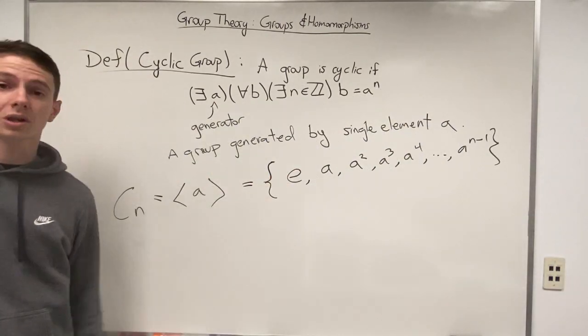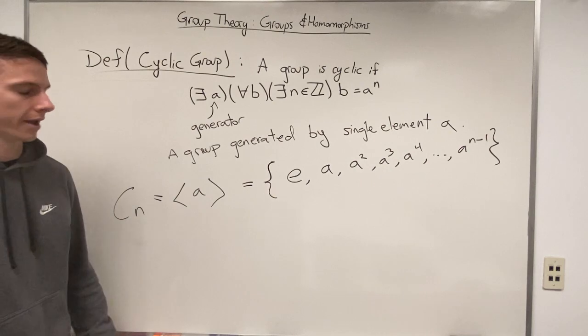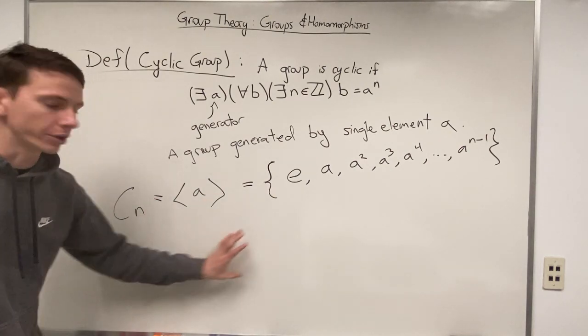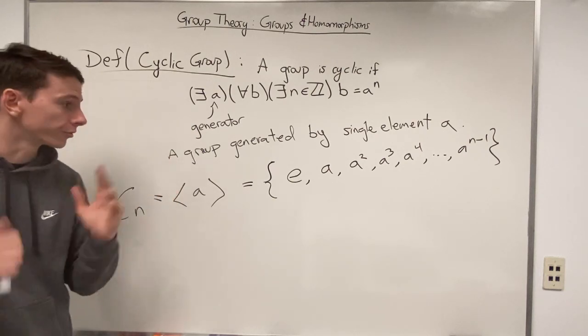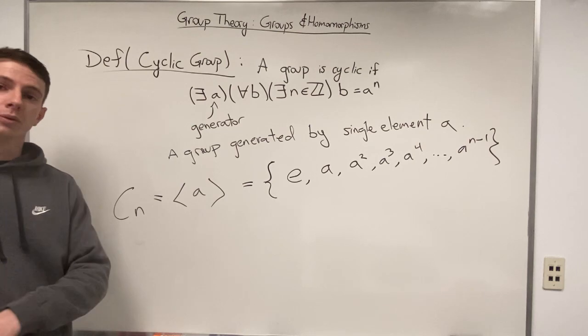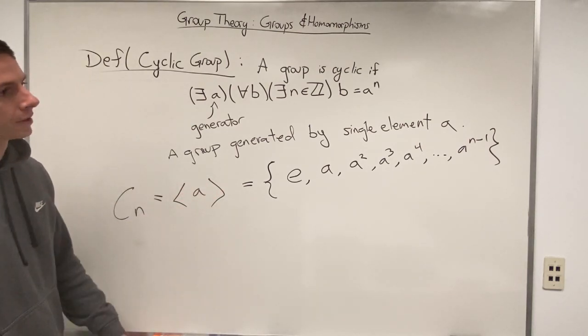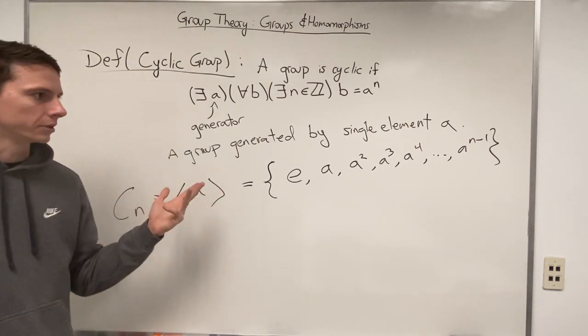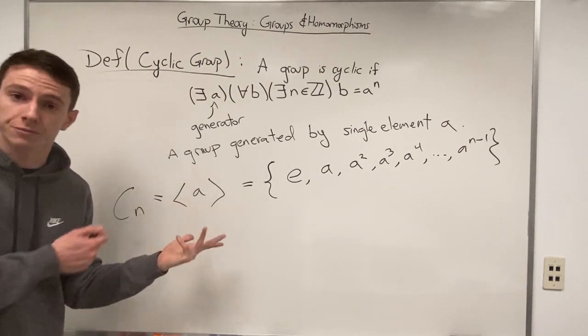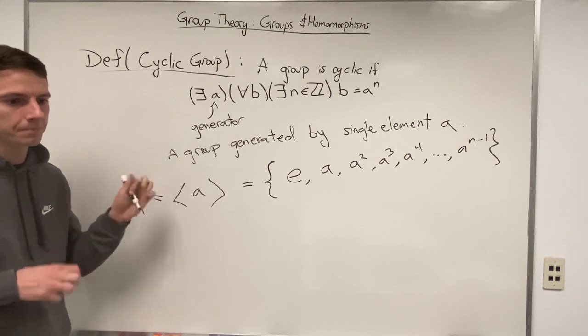This is what it's going to look like in the general case where it has n elements. But let's go through some specific examples down here to gain some further intuition for what these cyclic groups are. Cyclic groups can be both finite and infinite, but we're going to be looking primarily at the case where the group is finite. So let's start with that.